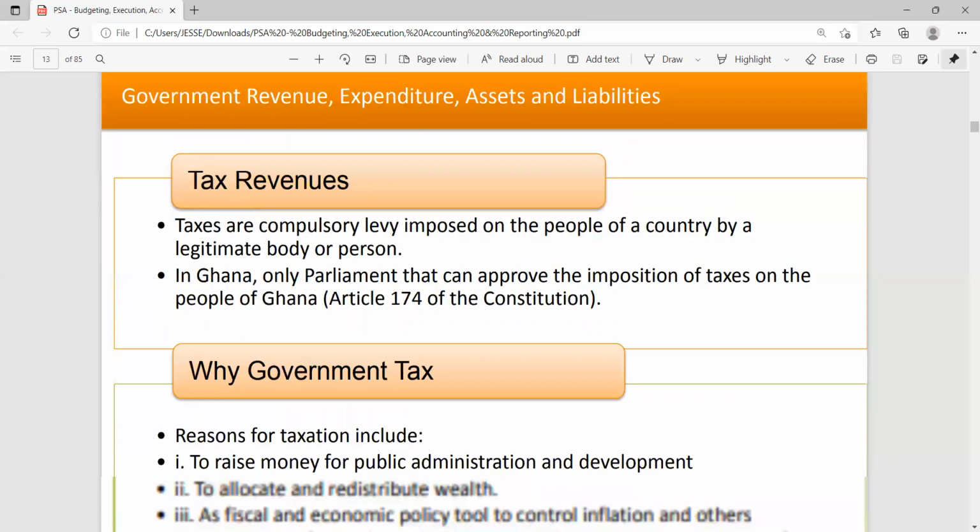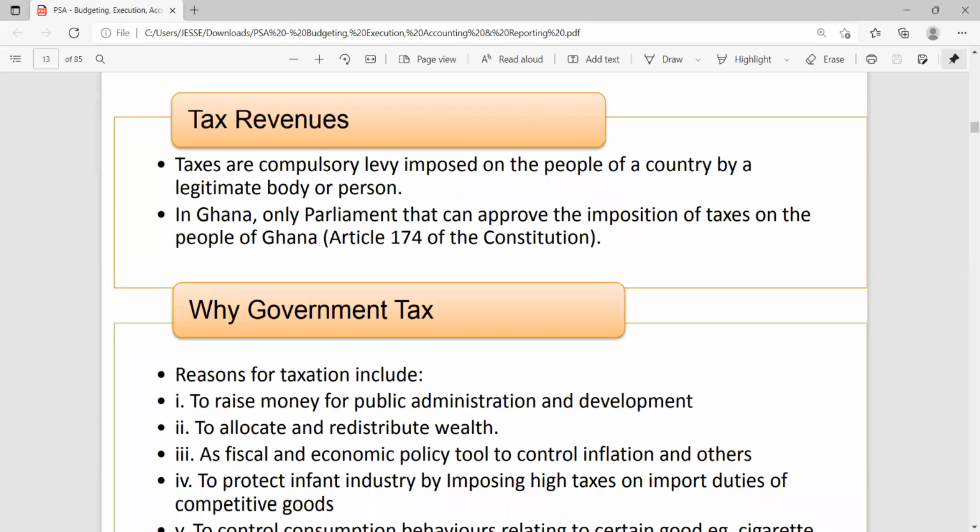Now let's talk about tax revenues. There's a saying that two things are certain in life: death and taxes. Taxes are a compulsory levy imposed on the people of a country by a legitimate body or person.